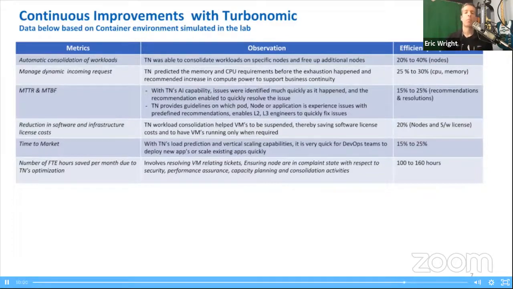And with a lesser number of nodes, the incidents and tickets that get generated are also reduced. That will directly translate into the number of people required to manage this cluster. So I would put it at around 100 to 160 hours of savings in managing the nodes itself.